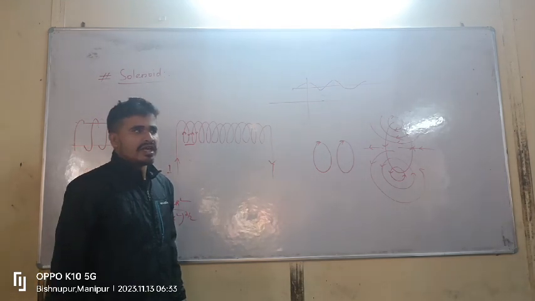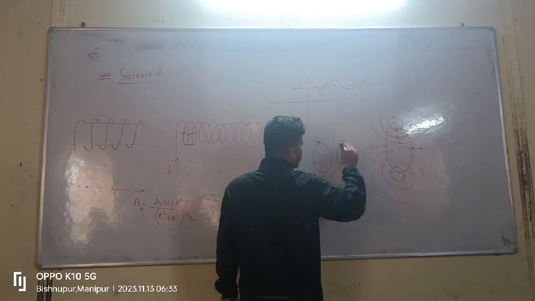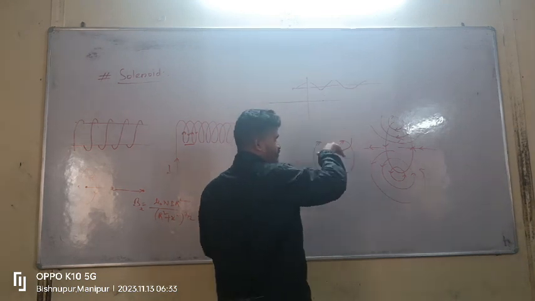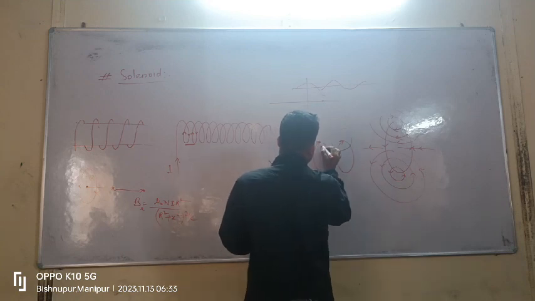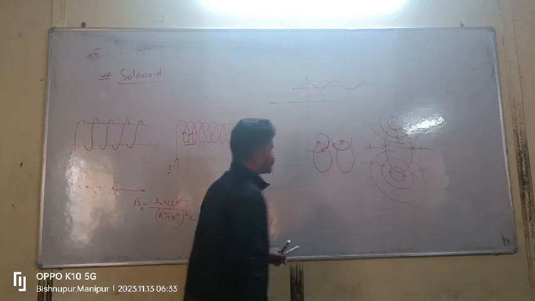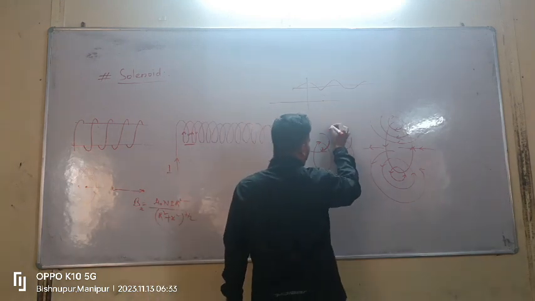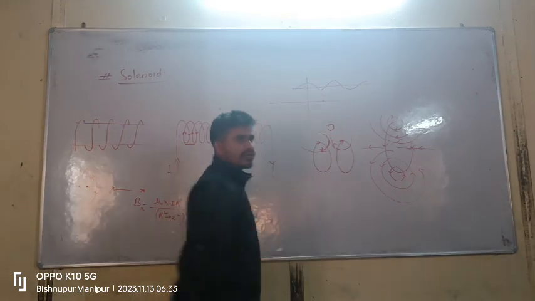Can you imagine? Here it will be like this. It will come and want to rotate. Again here, due to this, the ring is like this, it will come down. See, it wants to go up, it wants to come down. They will not allow any magnetic field outside because they will cancel each other.